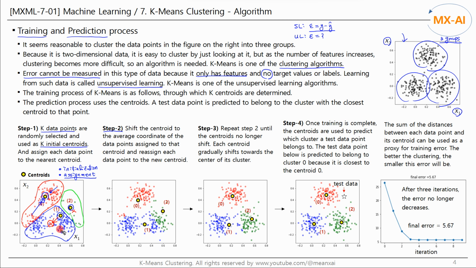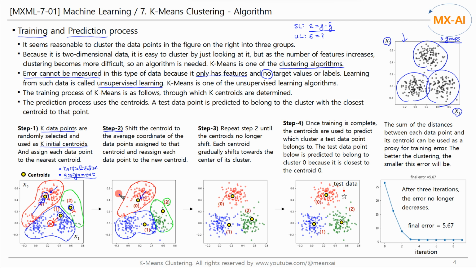And then reassign the data points to the new centroids. The red data points are close to centroid 0, so they are newly assigned to cluster 0. These blue data points belong to cluster 1, and green data points belong to cluster 2. Comparing to the figure on the left, you can see that the data assignment has changed.